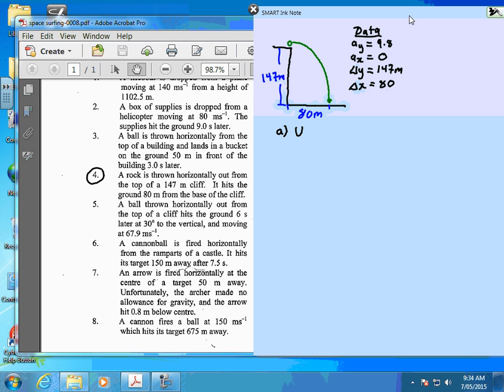I don't have time, I don't have UY, can't do that. D equals VT, you can rearrange. What do you have in the downwards direction? An acceleration. You need to include the acceleration in your calculations. Can we work out the final velocity? You don't have the initial velocity.